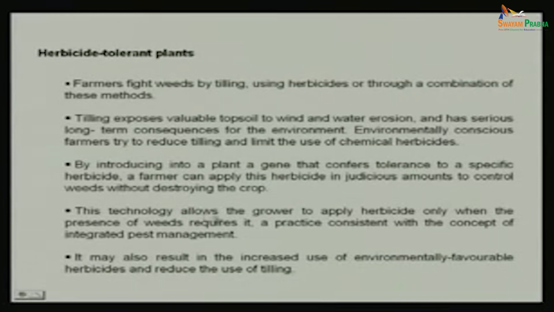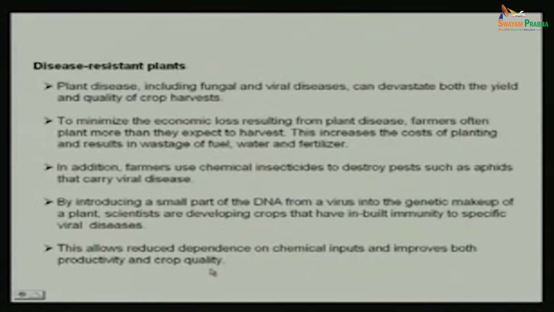This technology allows the grower to apply herbicide only when the presence of weeds requires it. A practice which is generally there is called integrated pest management. It may also result in the increased use of environmentally favorable herbicide and reduce the use of tilling.